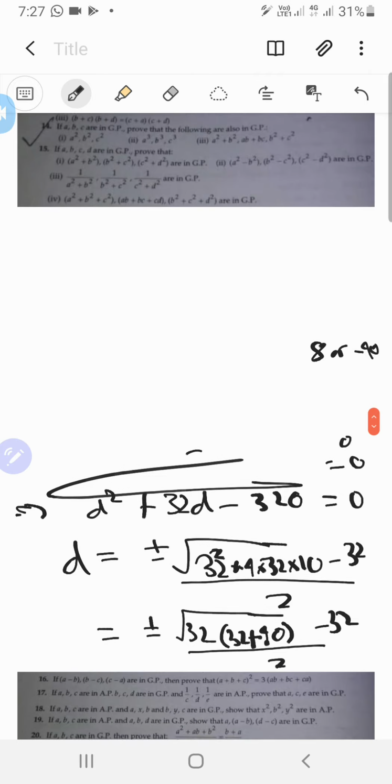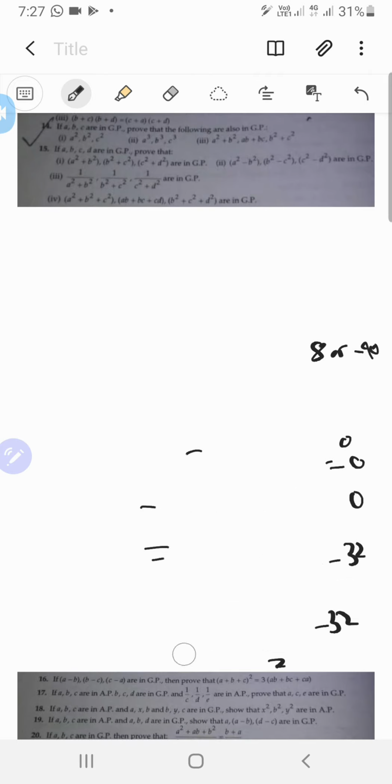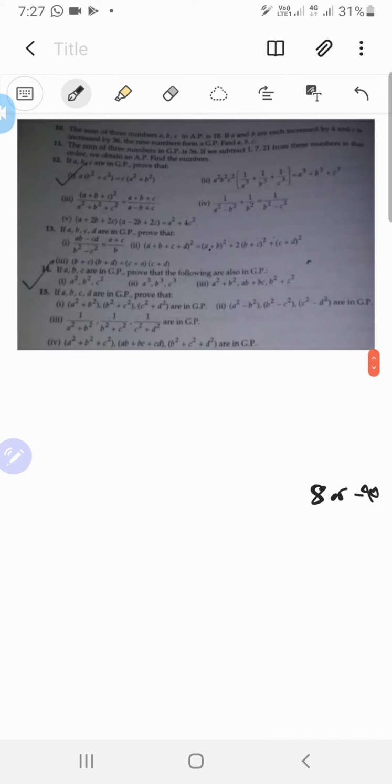The middle term we were told is 6. I think so. So the middle term is 6 because the sum is going to be 18. This is 6 plus D. This is 6 minus D. This is A, B, and C. Okay, cool. So difference is 8 or minus 40.